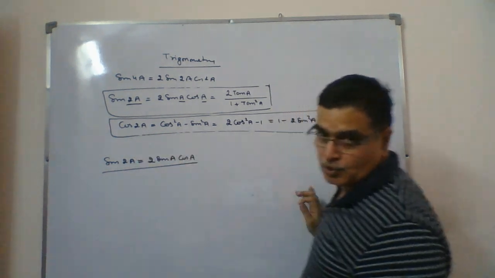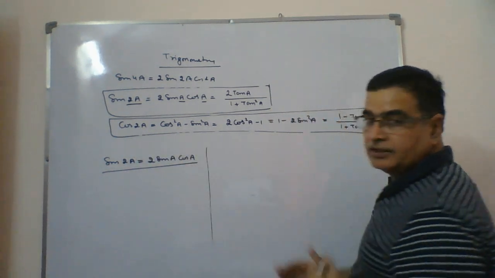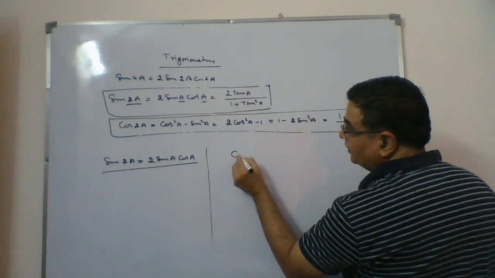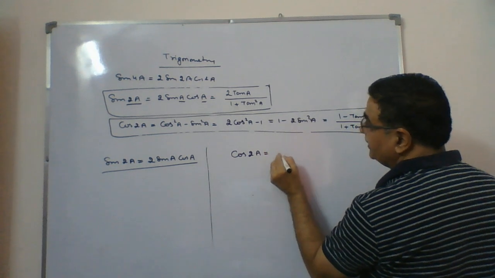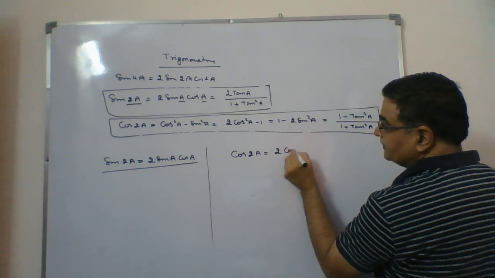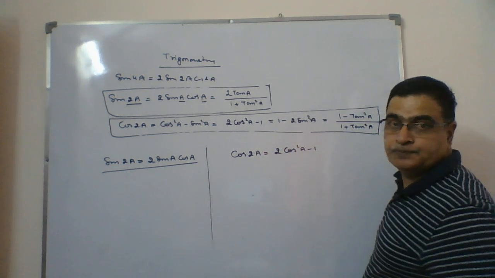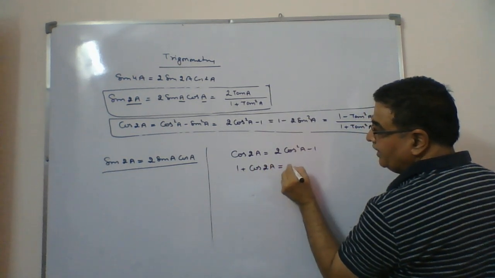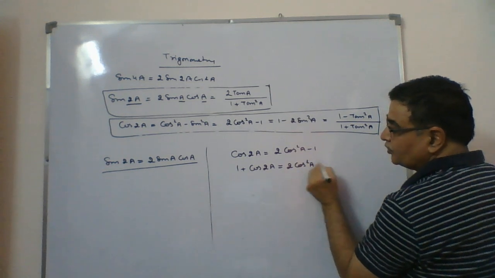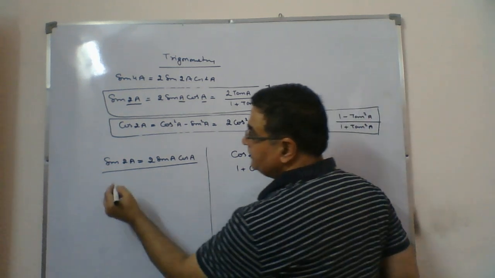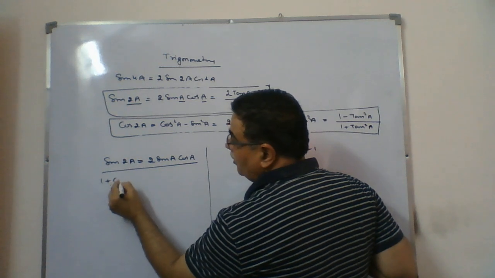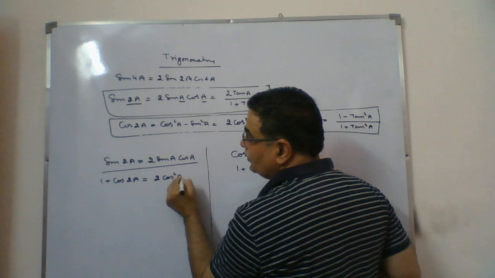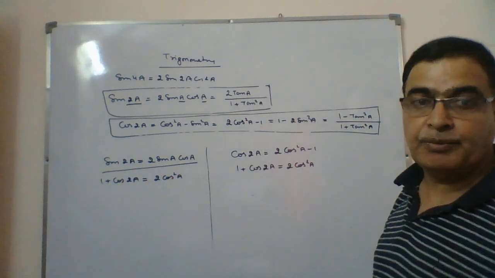Now cos 2A we will convert into different forms and try to remember those. Just check. Cos 2A will be 2 cos square A minus 1, we know. Or I should say 1 plus cos 2A comes out to be 2 cos square A. So when you take 1 plus cos 2A, it comes out to be 2 cos square A. This is the formula we should remember.